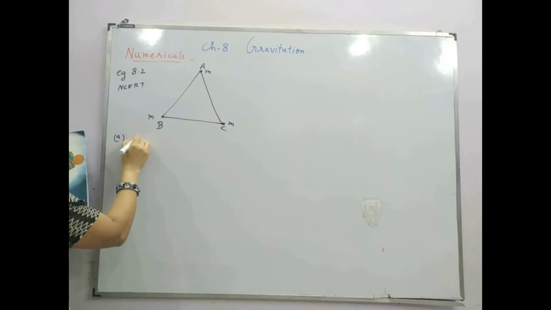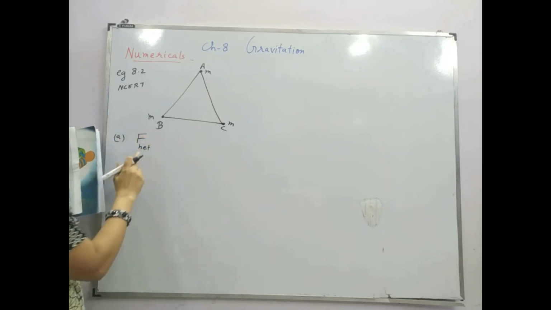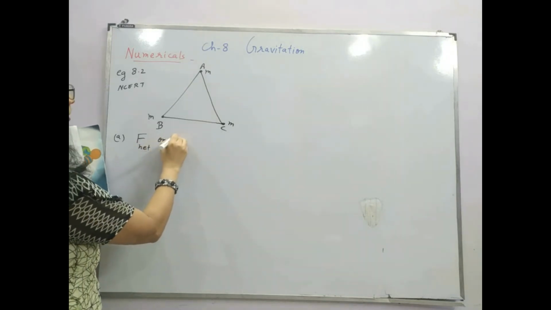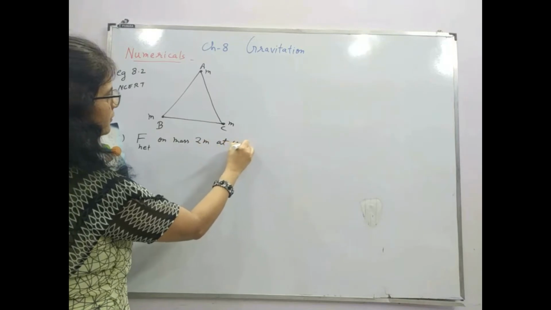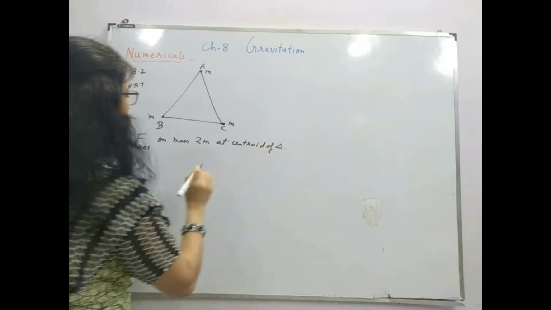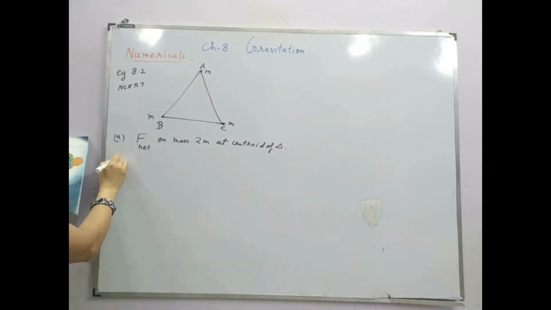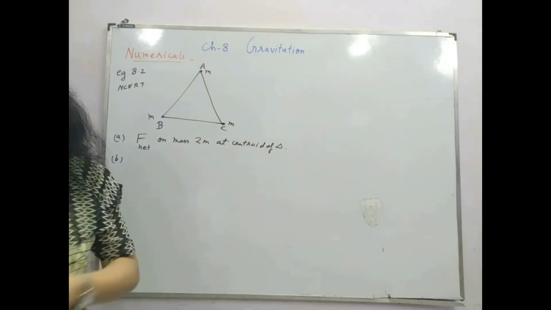So first is the net force on mass 2m at the centroid of the triangle. Second part says, what is the force if the mass at the vertex A is doubled?